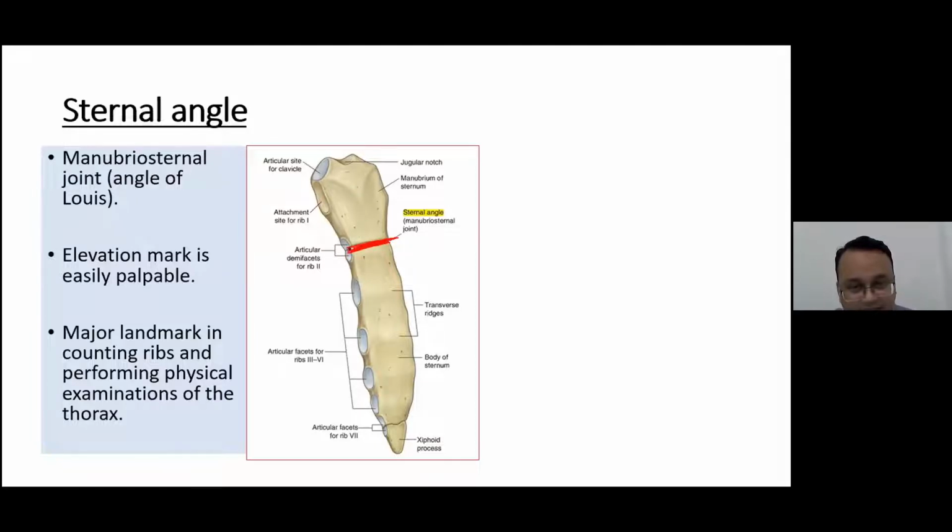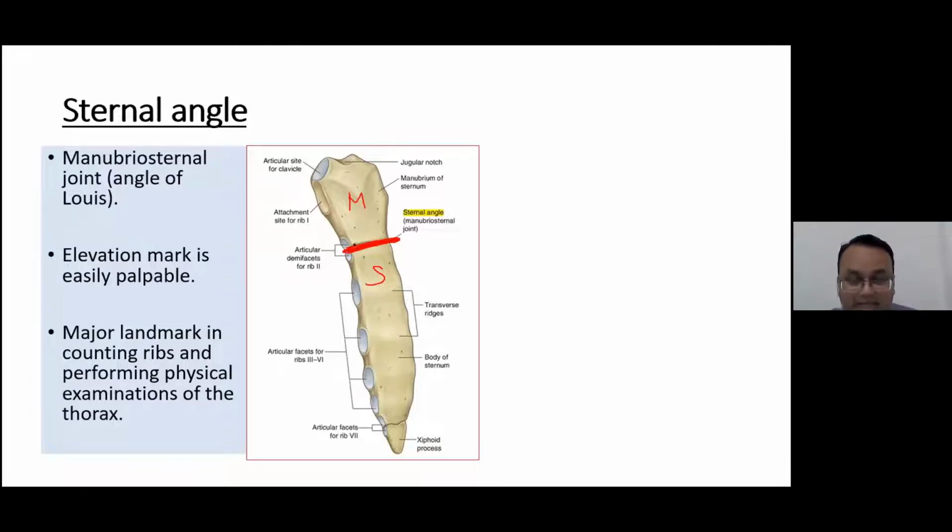Can you see me drawing something over there? So it is simply the joint between the manubrium and the body of the sternum, the manubriosternal joint, also called the angle of Louis, right?